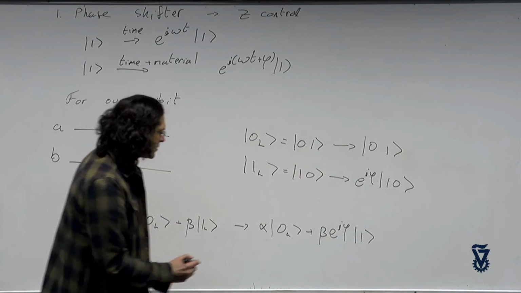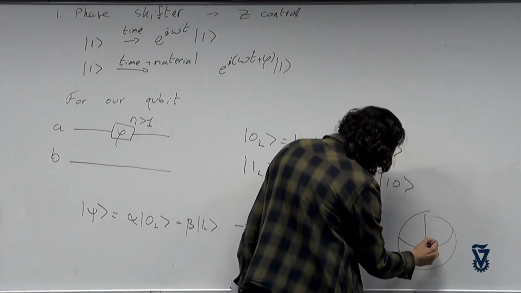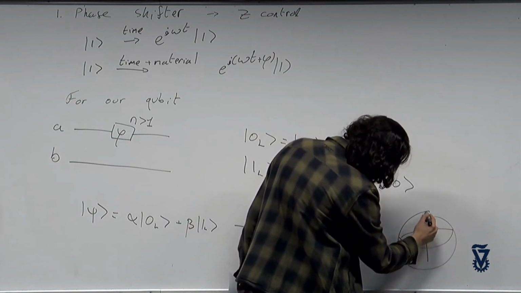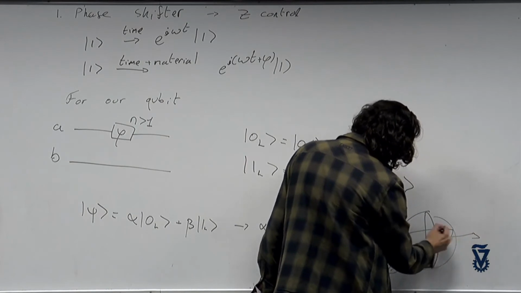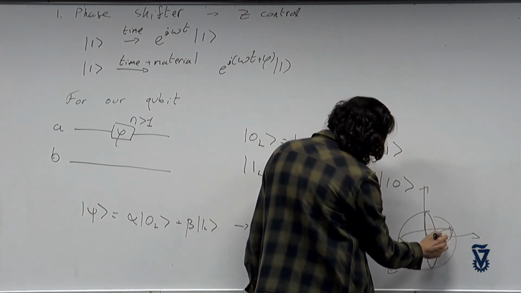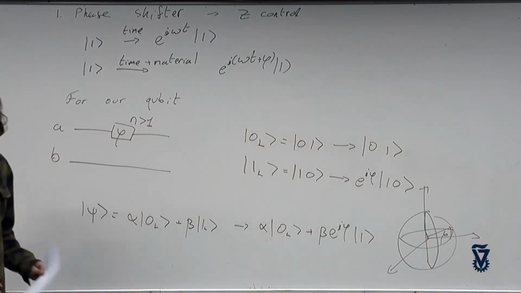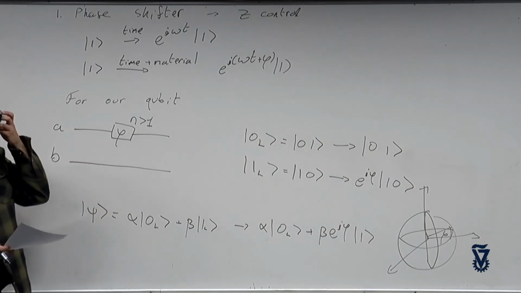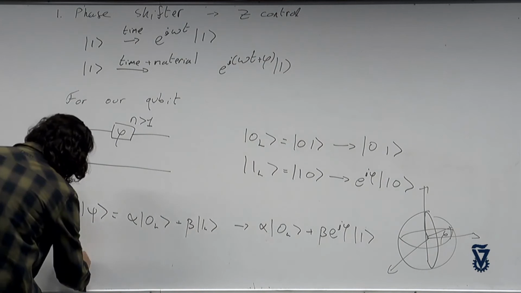If you write this on the Bloch sphere, this is just going to be a rotation of some phi in the Bloch sphere representing the state space. So, a z-axis rotation.